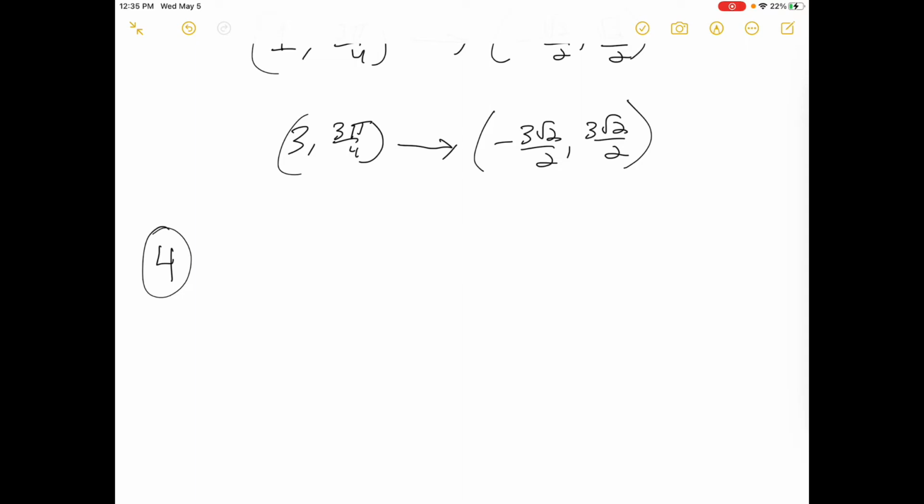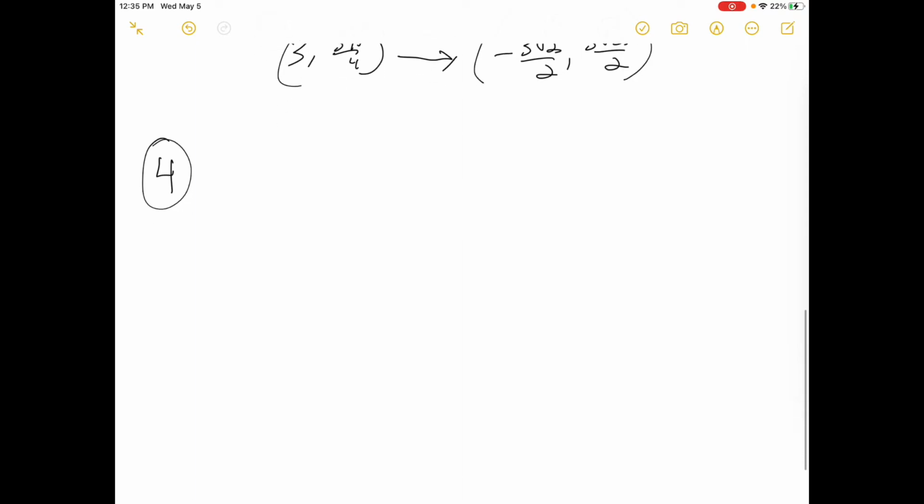If you're given a radius of, we'll say 4, and let's say we're given 170 degrees.